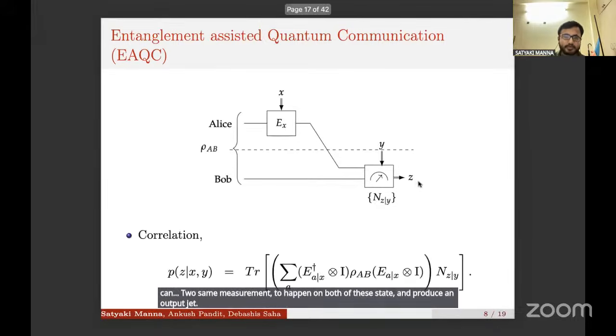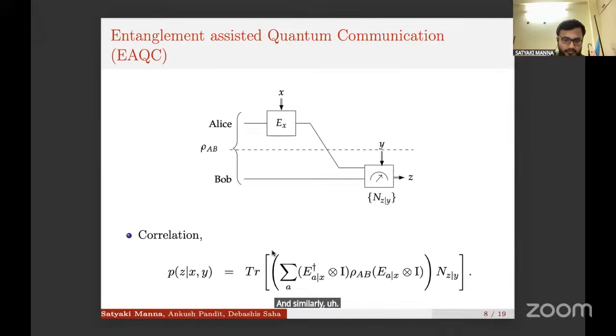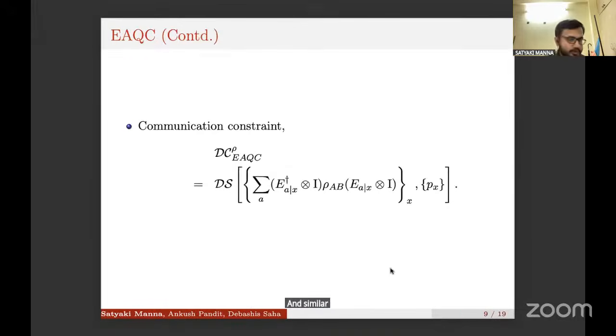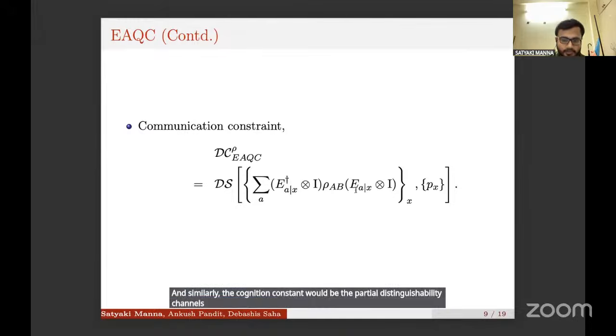And similarly, by Born rule, we can see the correlation would be like this. That is basically E_x, the corresponding Choi state of that channel. And similarly, the communication constraint would be the partial distinguishability of Alice's channels. And the same thing, it is partial, the rho is given, not maximized over.